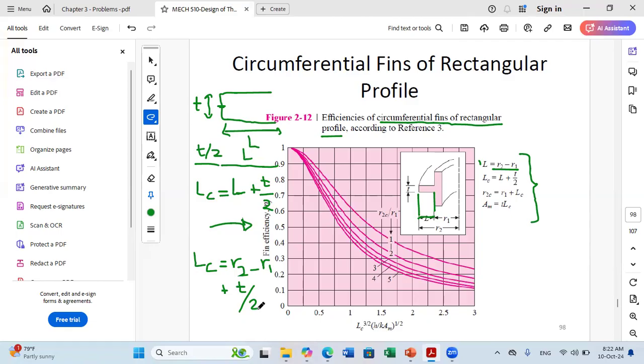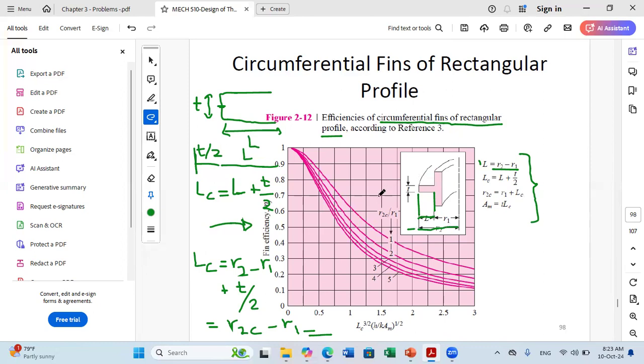Also, you can say it's equivalent. What is L corrected? L corrected is R2 corrected minus R1. Okay? And R2 corrected is the outer radius after correction. After correction, what will be the outer radius? It will be the value of R2 plus T over 2. And you can verify this, because when you open your tip, you will have an additional thickness here of T over 2.